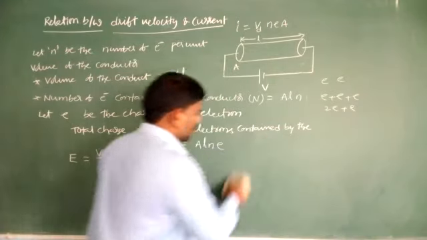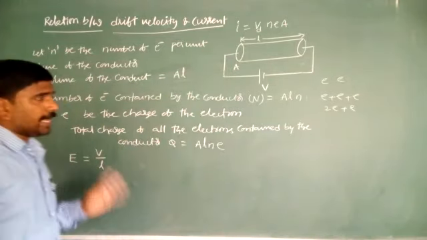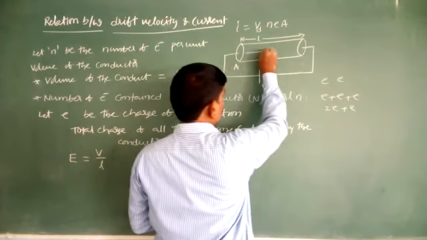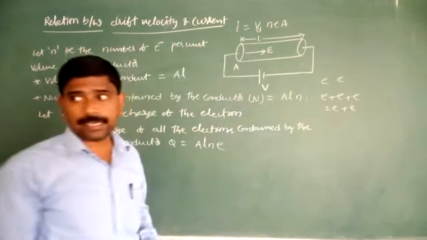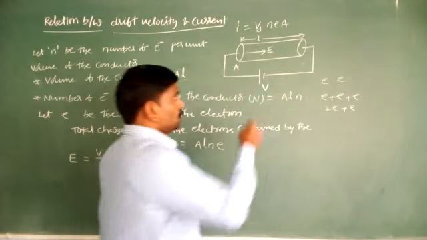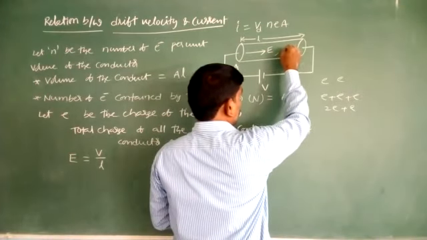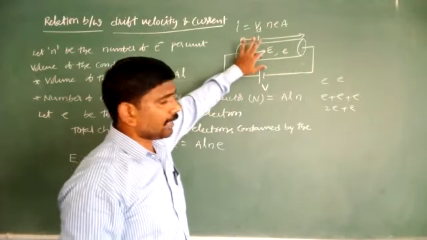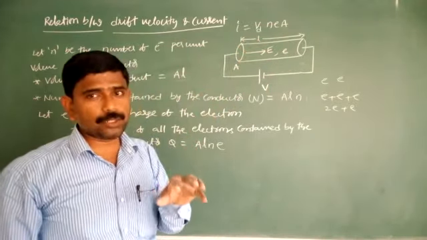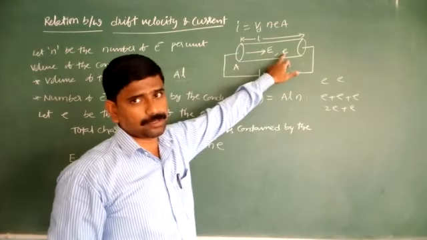So when this electric field E is acting inside of the conductor, the electrons have the charge e. Due to this electric field, some force must act on the electrons.